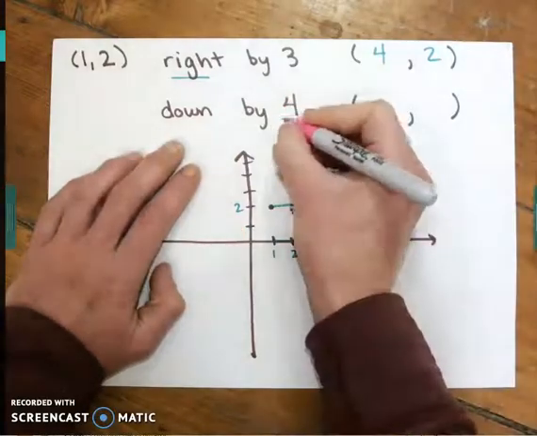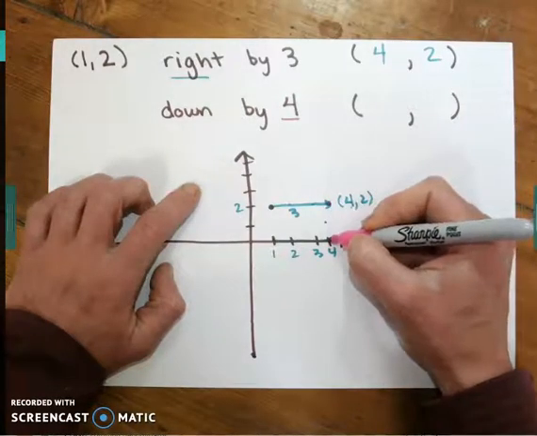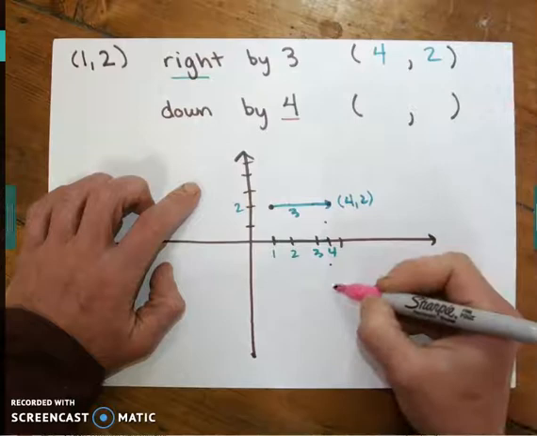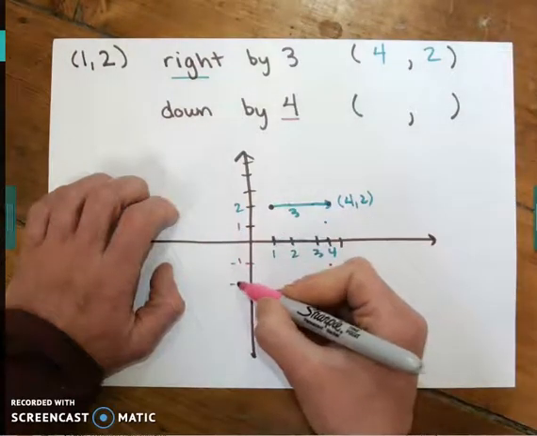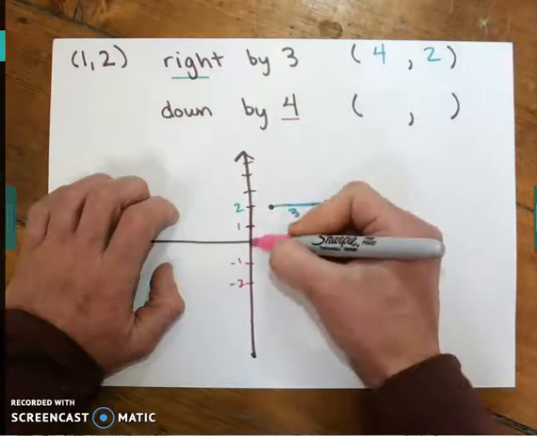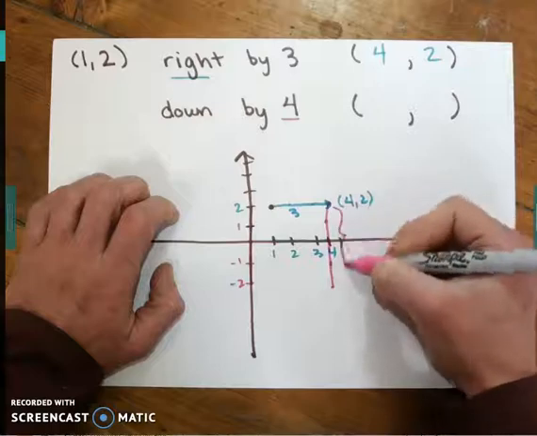Now if I want to go down by 4, from this new point, I have to go down 1, 2, 3, 4. So that was 1, this is negative 1, this is negative 2. I go down 4, 1, 2, 3, 4.